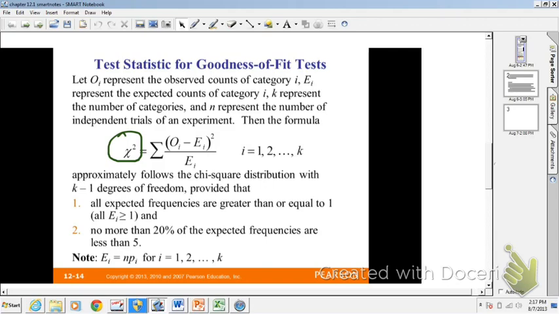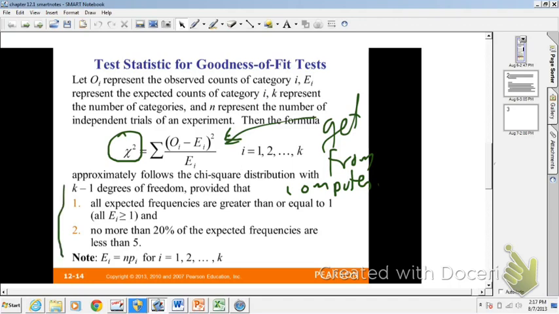Now, I don't require my students to do this by hand. We're going to get it from the computer, but I think it's nice to know where it came from. The chi-square will follow the chi-square distribution with k minus 1 degrees of freedom, where k is the number of categories that you're looking at. Okay, we'll take a closer look at this.